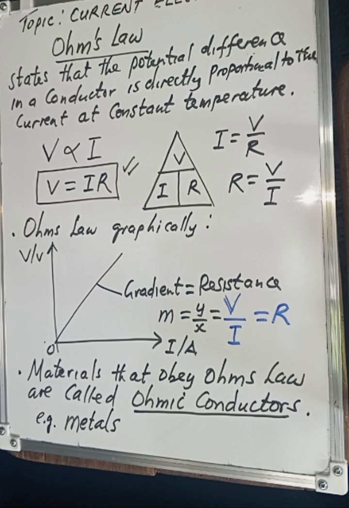Now, of course, I want to highlight again, there are some materials that do not obey Ohm's law, and such materials are simply called non-ohmic conductors. So let me slightly take it back and highlight a few concepts.